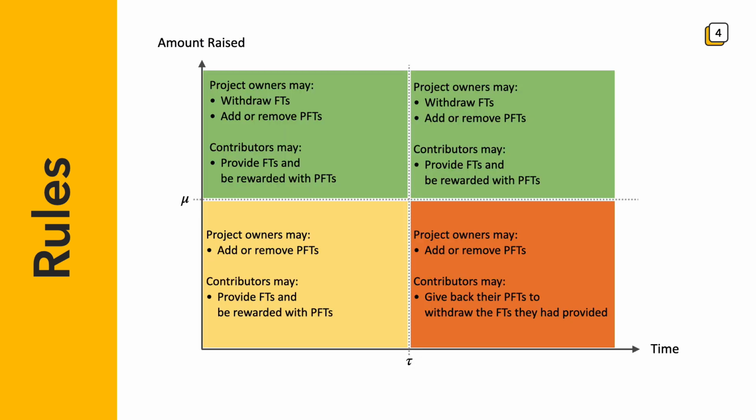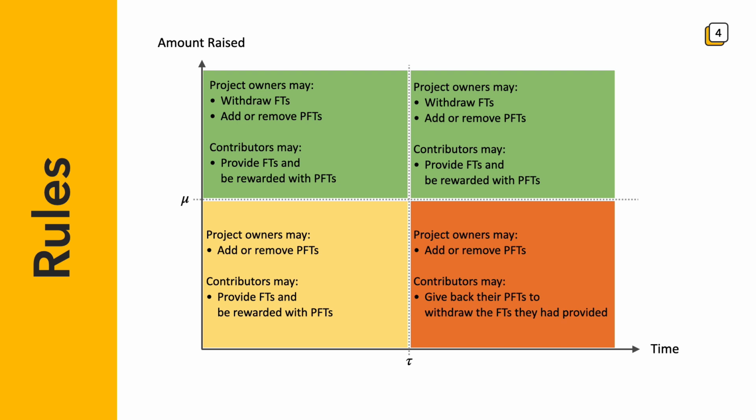These rules can also be displayed in this more graphical form. So in this chart we have the time in the horizontal axis and the amount raised in the vertical axis. And as you can see, at any time, if you have raised more than the minimum amount, those are the actions that project owners may perform and that contributors may perform.